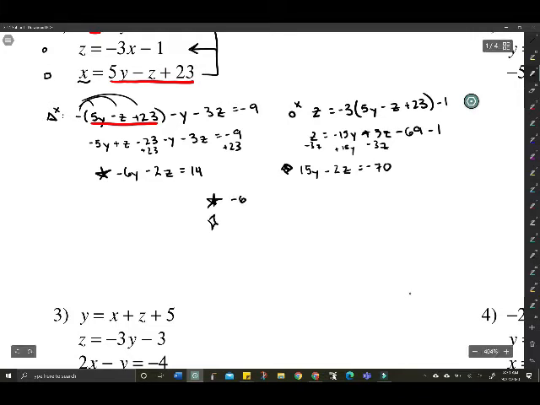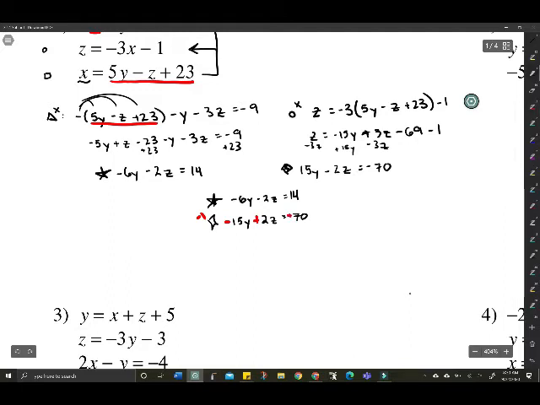So negative 6y minus 2z equals 14, and then 15y minus 2z equals negative 70. In order to use elimination, if I multiply diamond by negative 1, it's going to change the signs.